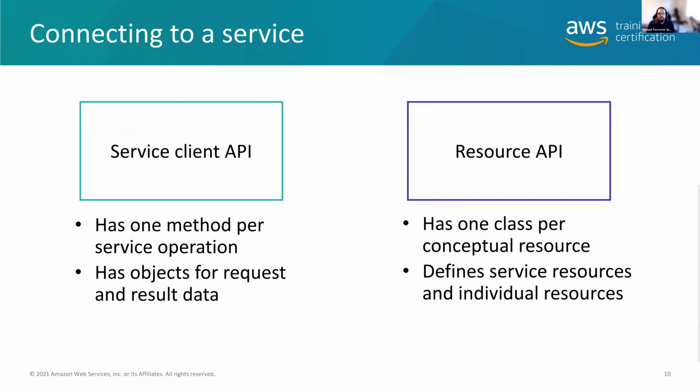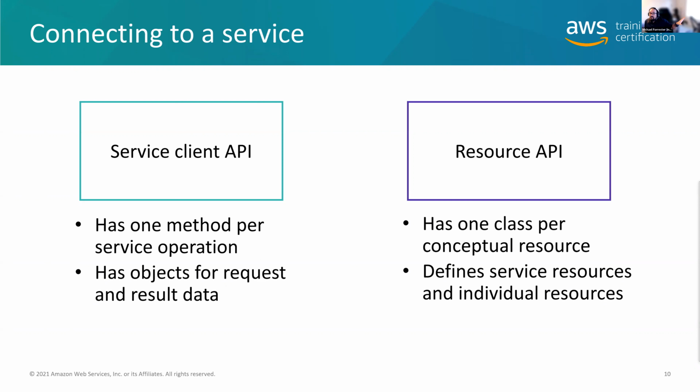And you might say, well, Michael, what's the distinction? Like, I don't understand what the difference is. Well, here's the difference. The service client API basically represents, as an example, a set of client classes. This is going to expose a direct mapping of the AWS service's underlying API.